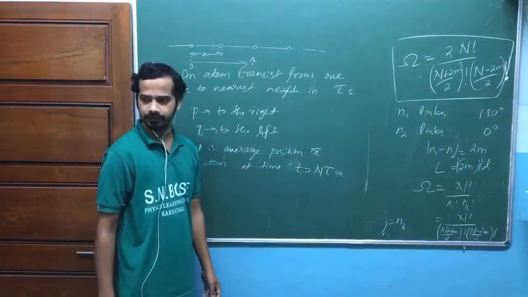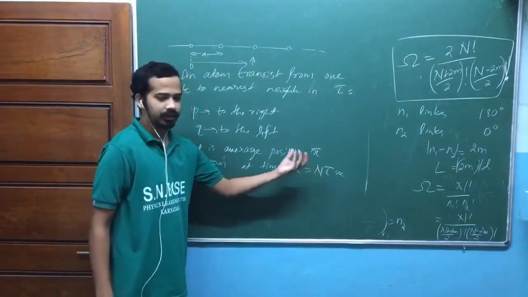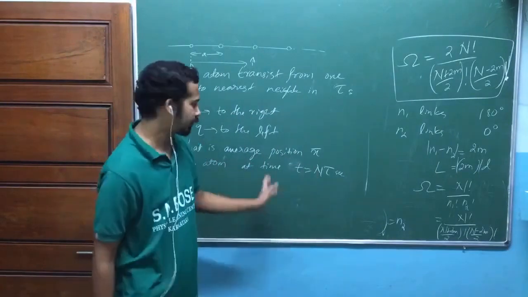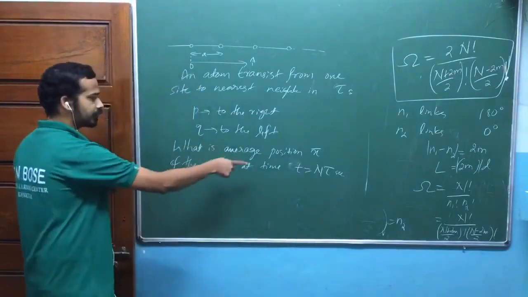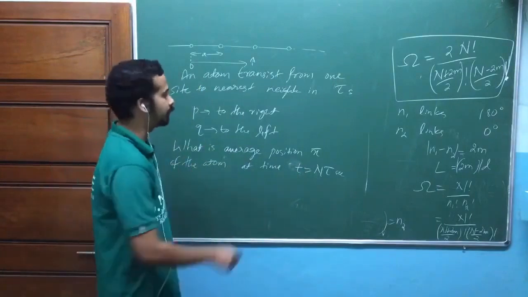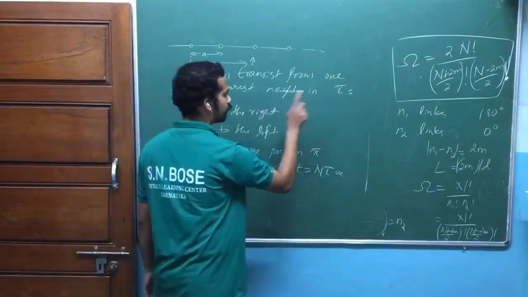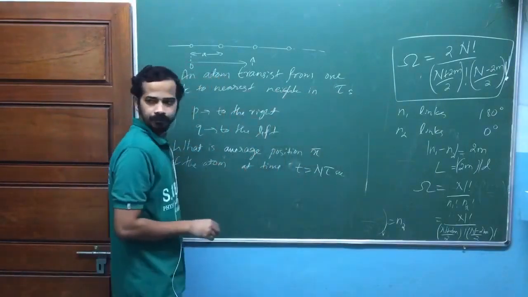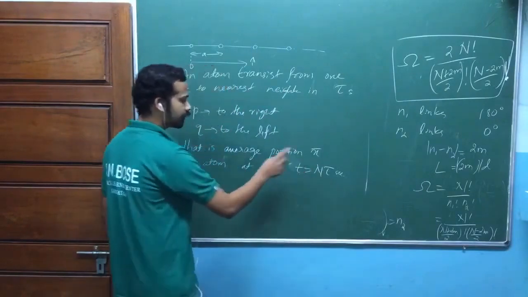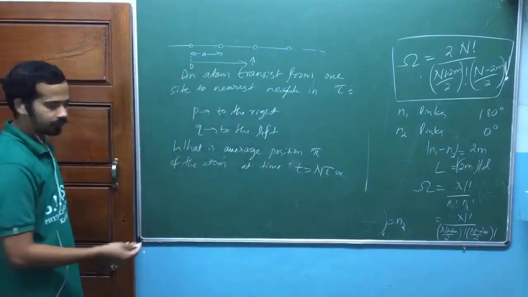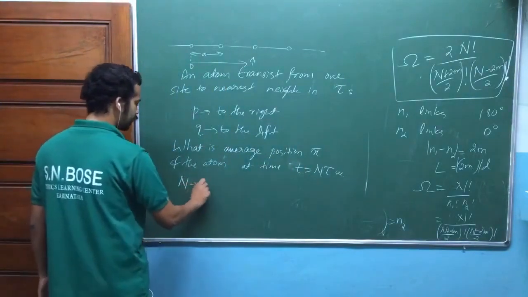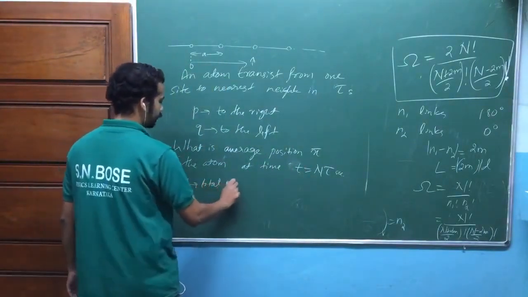So look at here. This n is the total number of steps, isn't it? After time t, after this much time, how many steps has it taken? If it takes 2 seconds to take one step, then after n into 2 seconds, it has taken n steps. So that's why the number of steps is equal to n. N is the total number of steps.